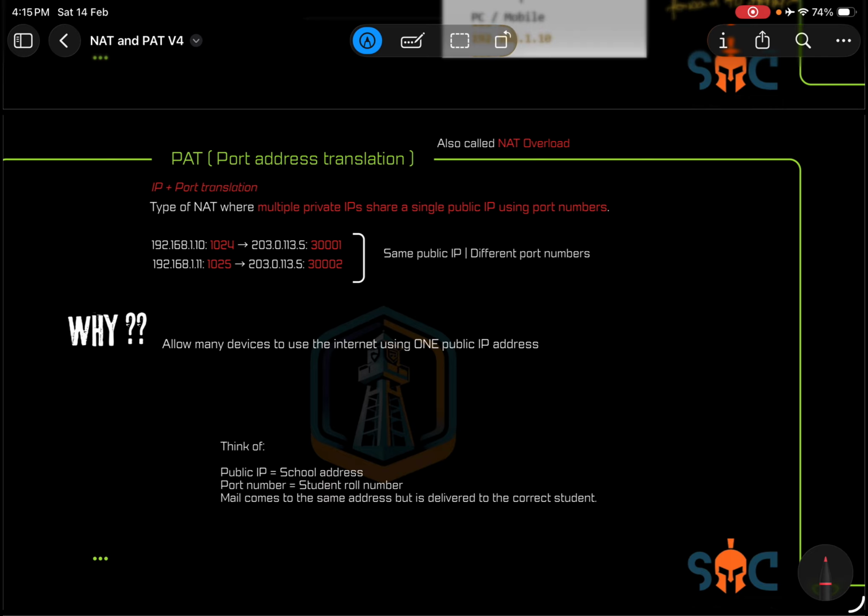Okay, so like NAT, we have another topic, that is PAT, and PAT stands for Port Address Translation. It is also called NAT overload. This is the most commonly used NAT type in homes and enterprises.